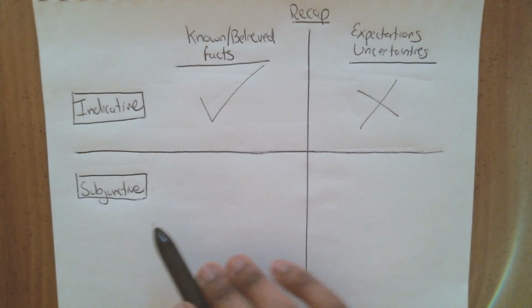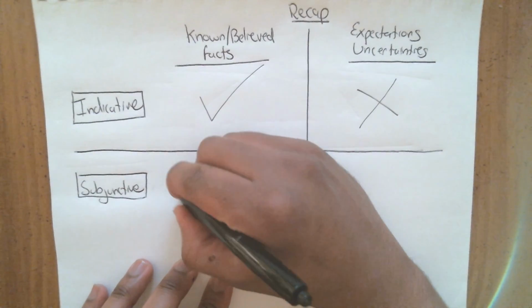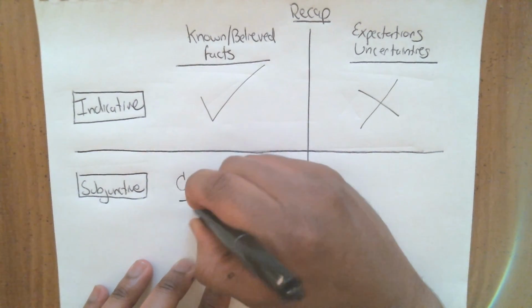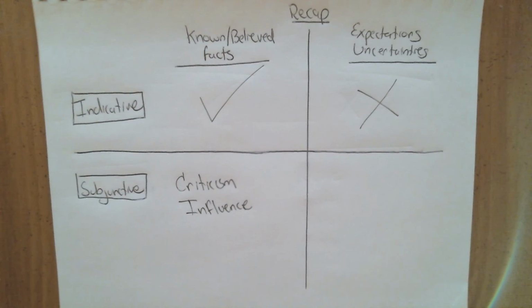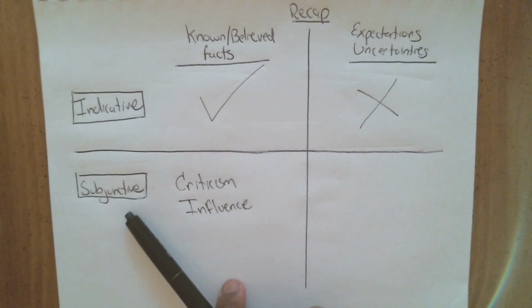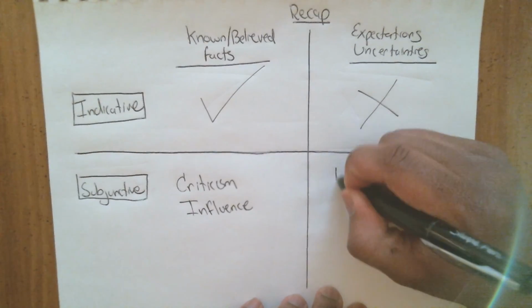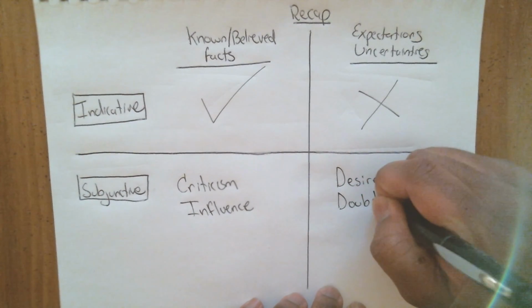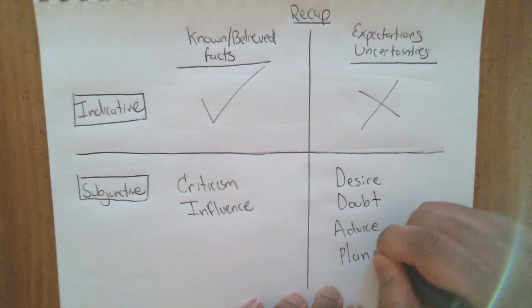You can use the subjunctive to talk about known facts and believed facts, but that's only when you're giving criticism or when you're talking about one person influencing the actions of another. Those are the only times when the subjunctive is used to talk about a fact. But the subjunctive is mostly used to talk about expectations and uncertainties, especially when you're expressing desire, doubt, advice, or future plans. Okay?